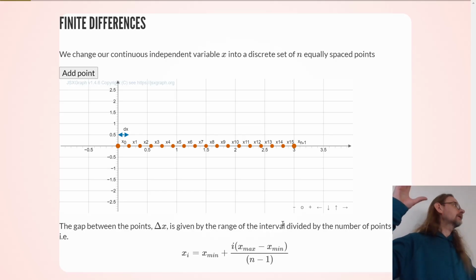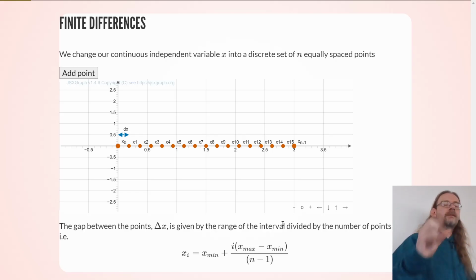So we look at the x range that's in the original problem. We divide it up into n data points, each spaced apart by the domain we're looking at, the width of that divided by n minus 1. If we want to find the x value of any of these x points, we take the minimum value and then add on the i lots of delta x, which is what this is.